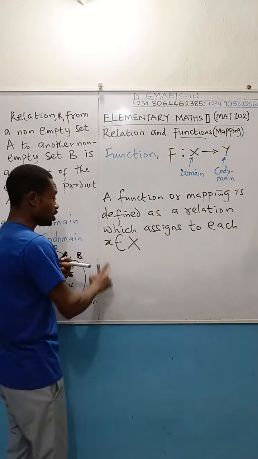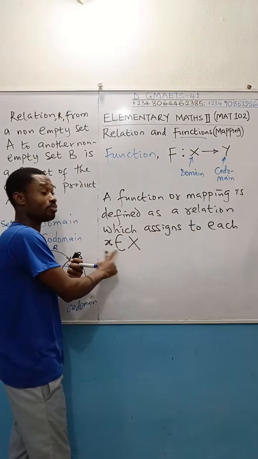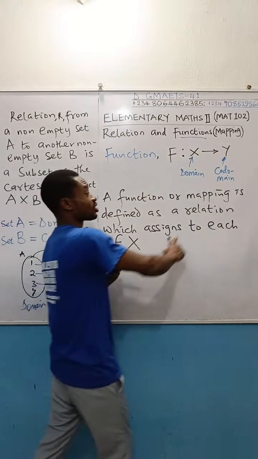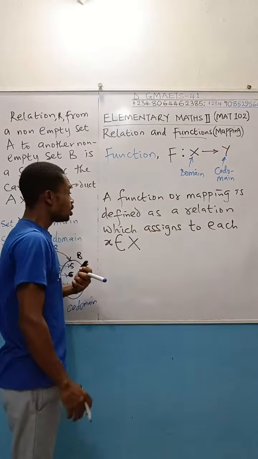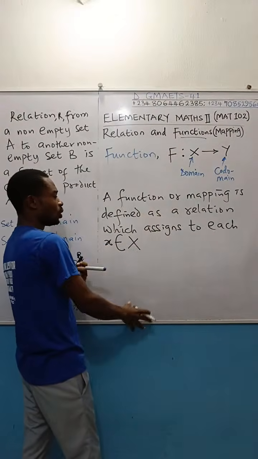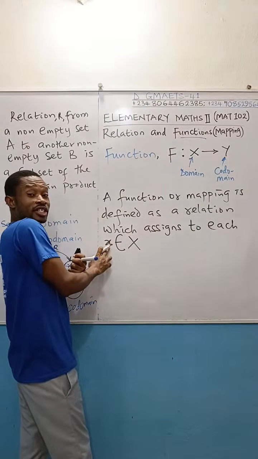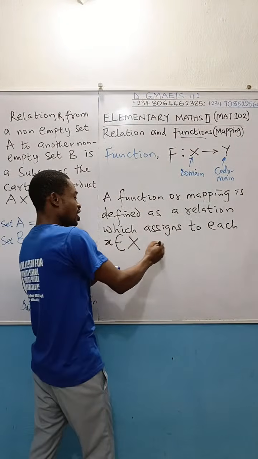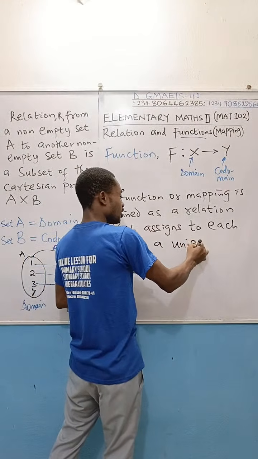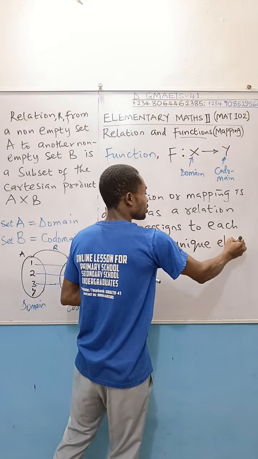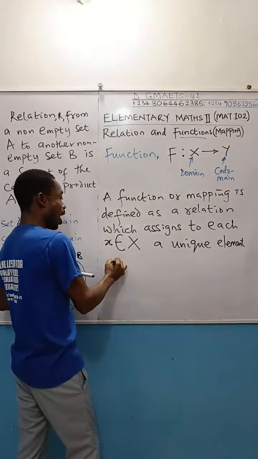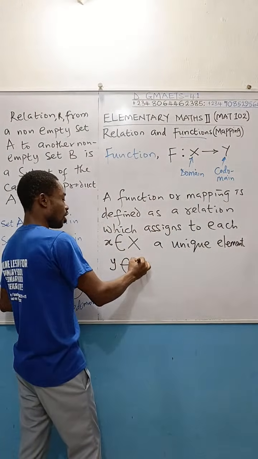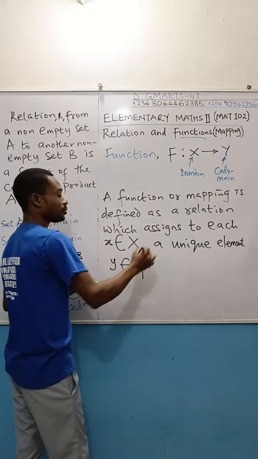I told you this element x belongs to a set called x, and that set is the domain. So a function will assign to each x, which is an element of set x, a unique element y, which is an element of set y.